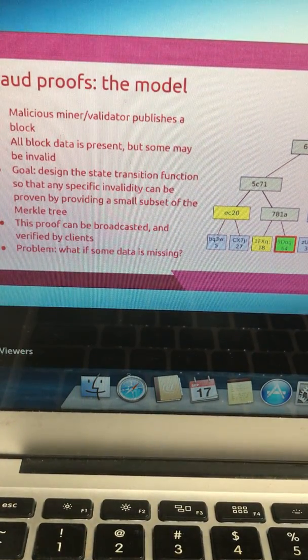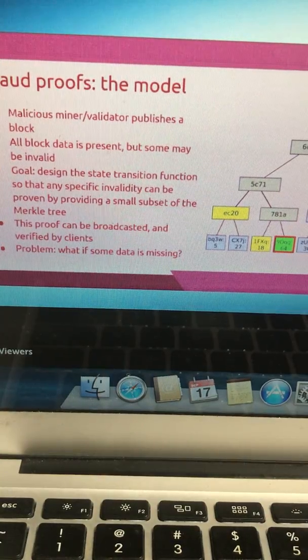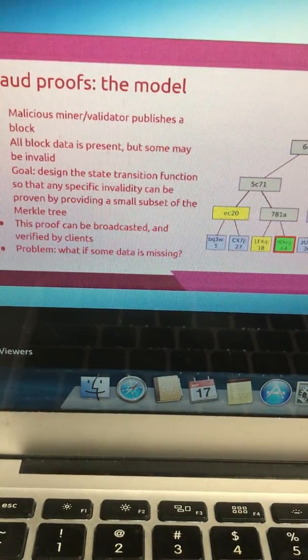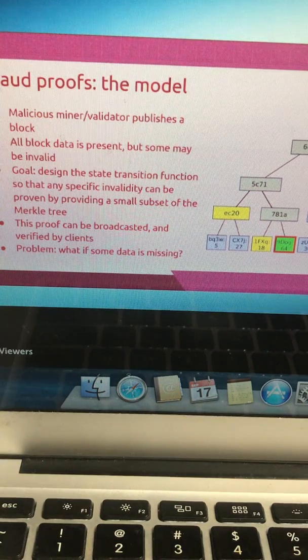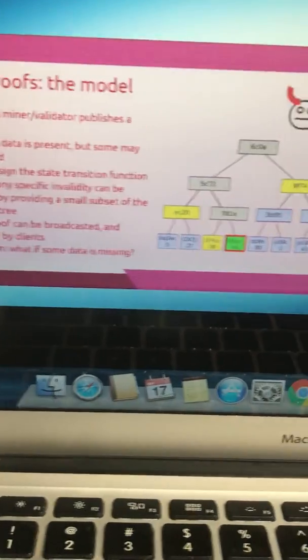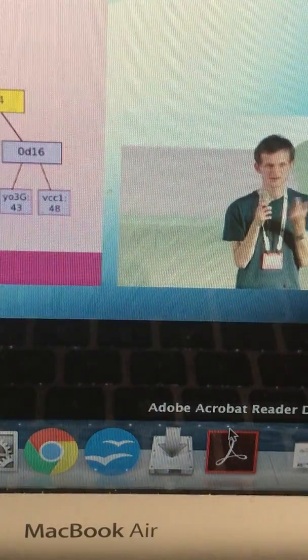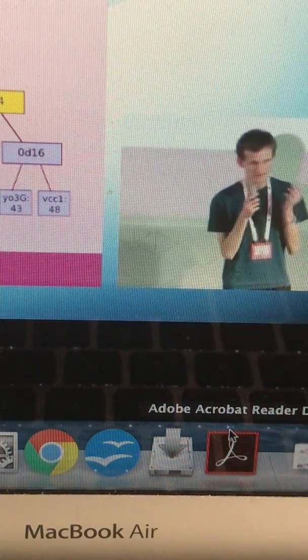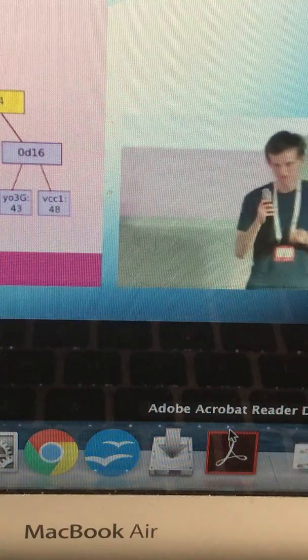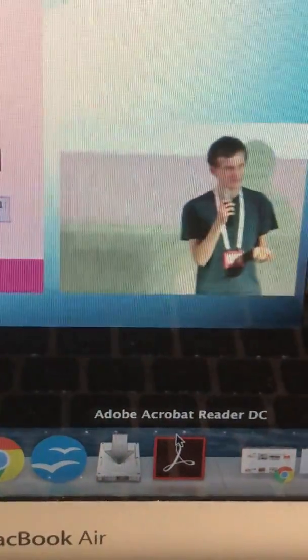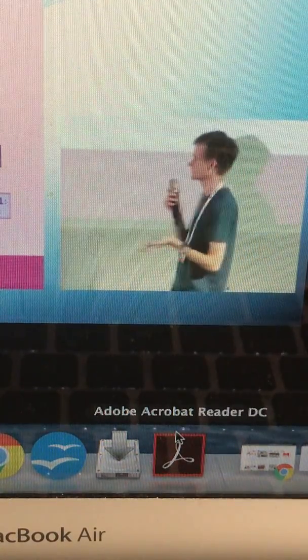So we're going to design the state transition function, the function that takes an existing state, processes all the transactions, and outputs a new state, in such a way that any specific invalidity, any specific error in the block, can be proven to a light client by providing a small subset of the Merkle tree, right?